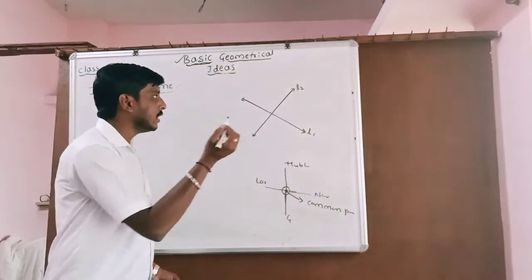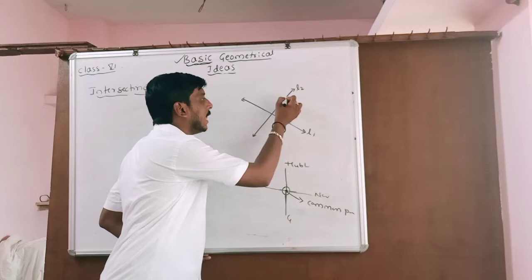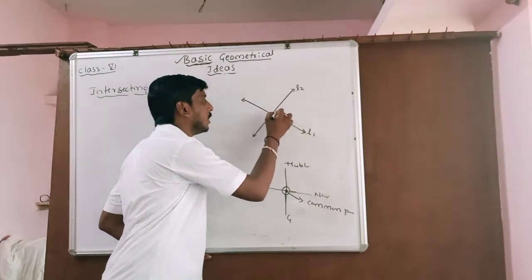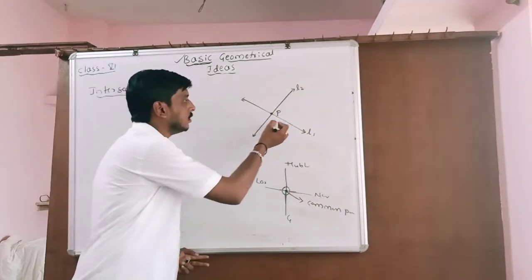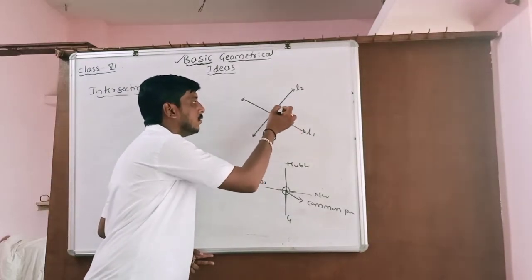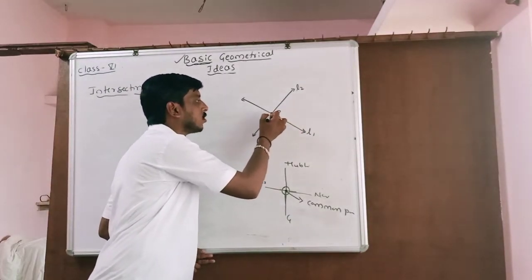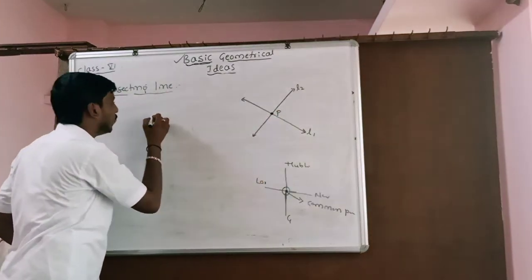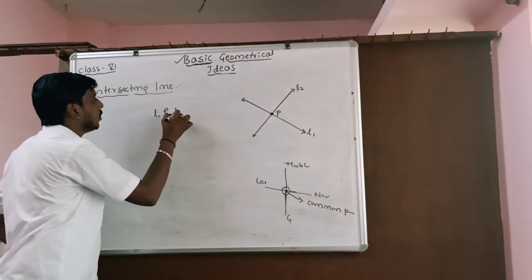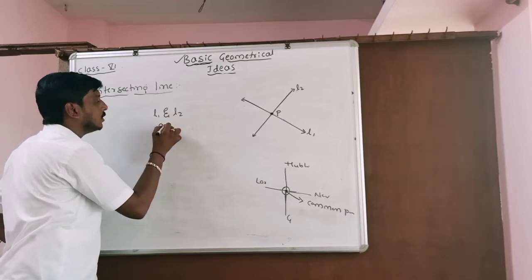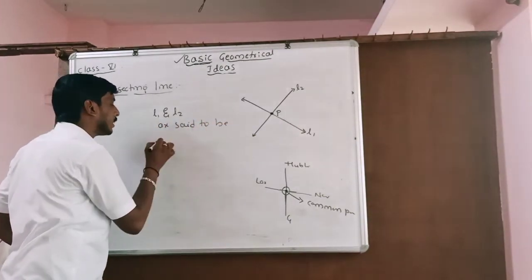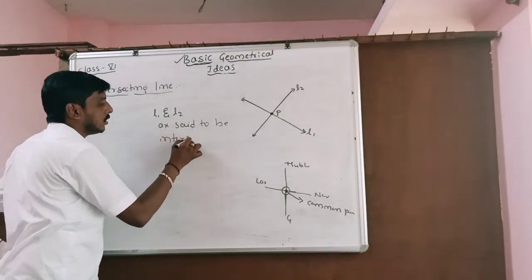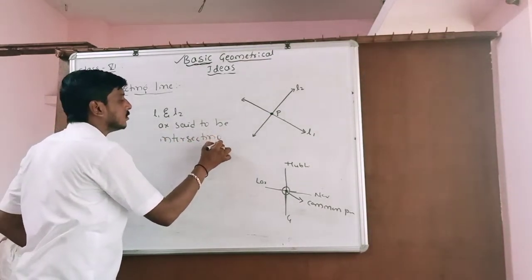Here also, see, these two lines have a common point P. You can take any vertices, A, B, C, D. These two lines L1 and L2 have a common point, then L1 and L2 are said to be intersecting lines.